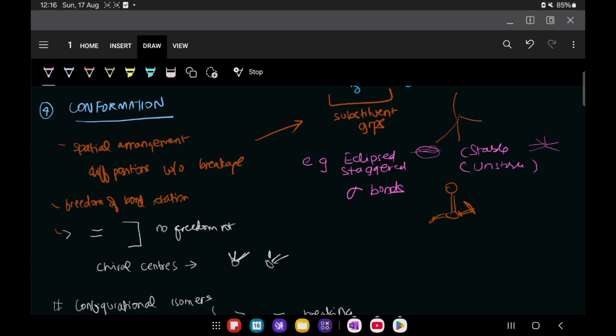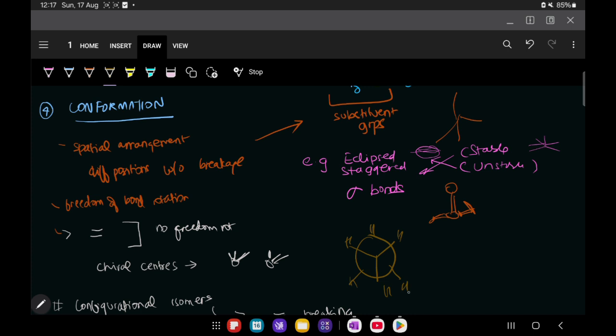Staggered is actually stable, eclipsed is unstable, and an example would be ethane, right? This would be your staggered one. Let me draw that more clearly. These are all H bonds.